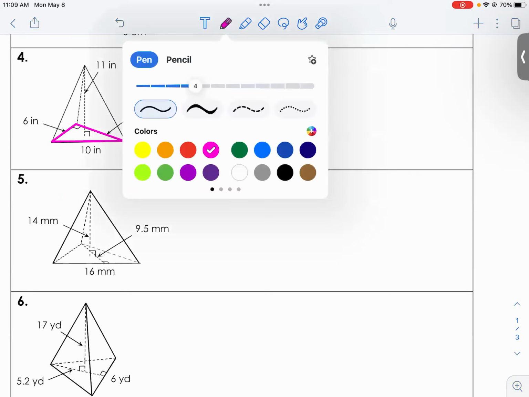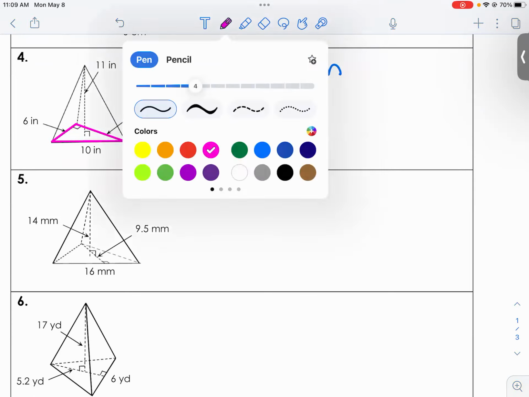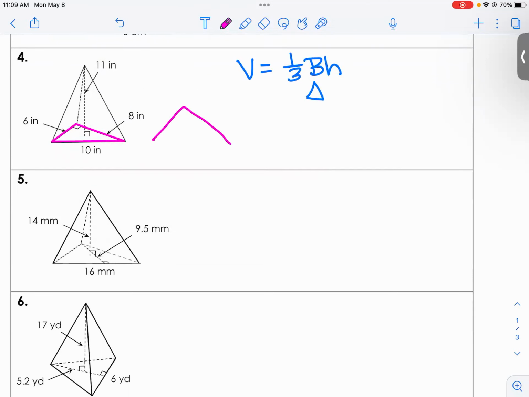So when we take volume equals area of the base times the height times 1/3, or divided by 3, our base is now a triangle. Well, lucky for you, you've done this before. But I do think it could be helpful for us to redraw our triangle all by itself.